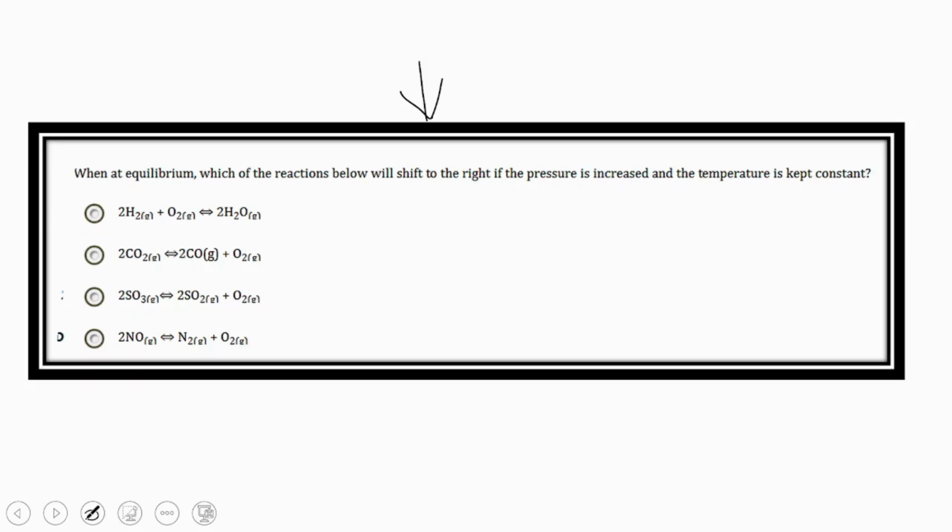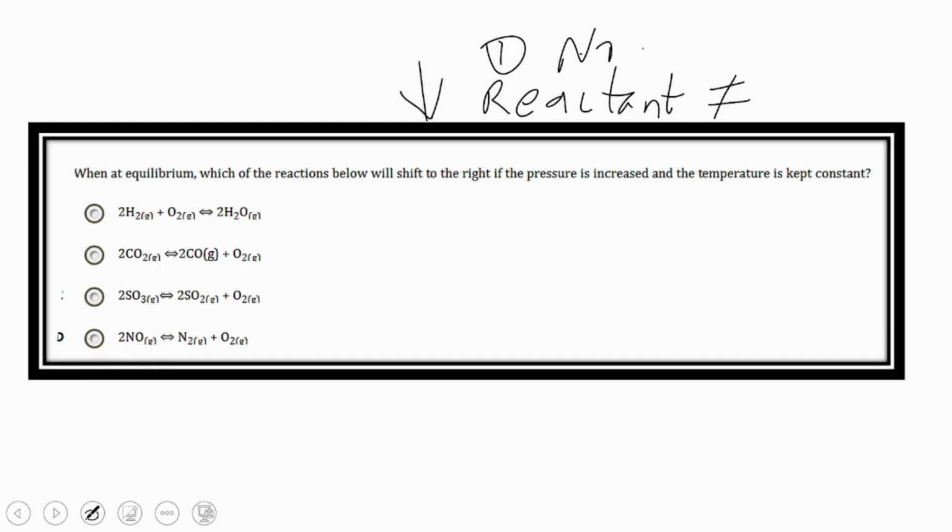Now the conditions for pressure to be able to influence equilibrium position start with 1. The number of molecules on the reactant side should not be equal to the number of molecules of gases on the product side. It is important to note that pressure affects only gases, only gaseous molecules in the chemical system.